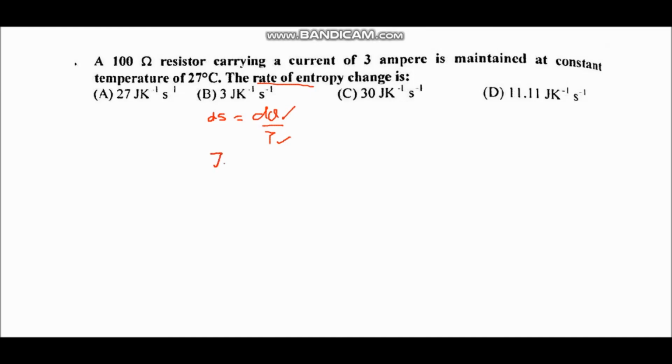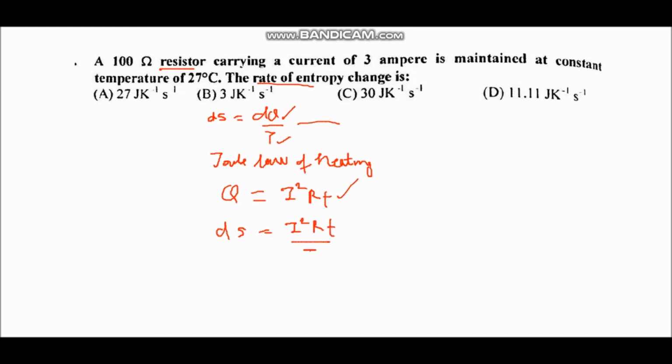So from Joule's law of heating, we know that when current passes through a resistor, the amount of heat produced in the resistor is given by Q is equal to I square RT. Substituting the value of Q in this equation, we will get ds is equal to I square RT over T.